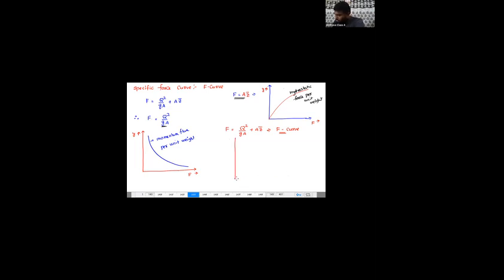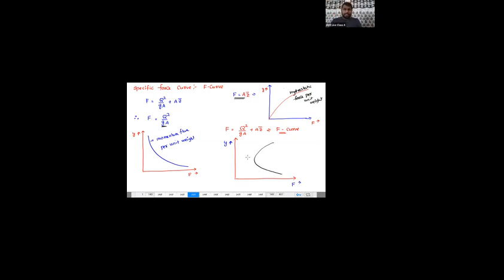Now if you club these two, on the x-axis is F and on the y-axis is Y. One is falling, the other one is rising. So if I join both, the curve is going to look like a C shape.